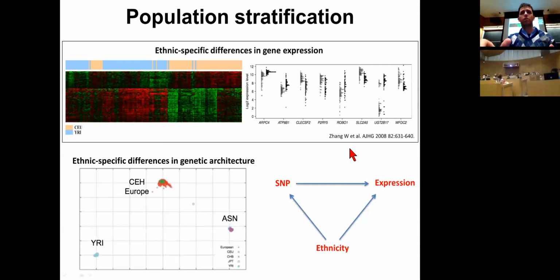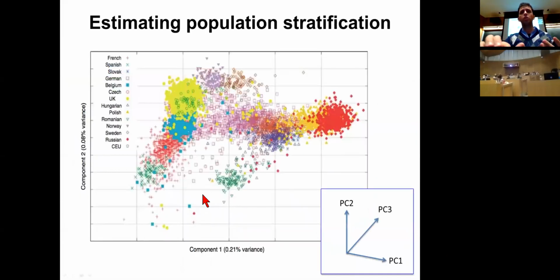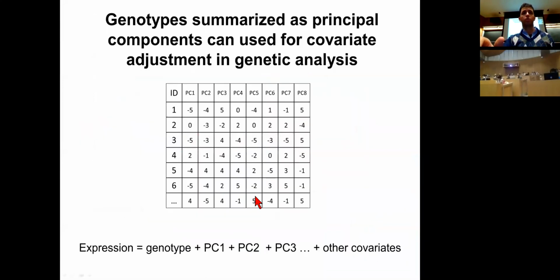The first thing we do in any such association is estimate how much of that is coming from the population, which you can include as part of your regression or simply regress it out, remove it, and then use the residual.